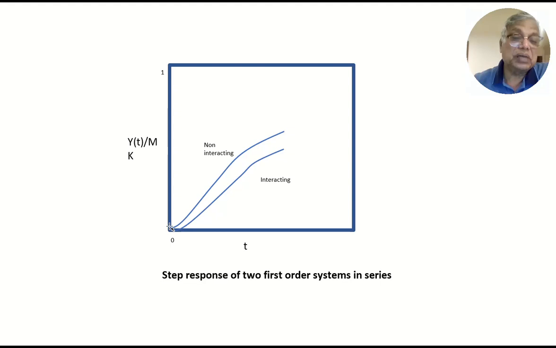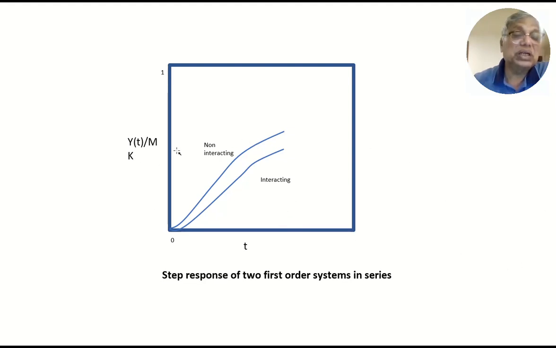On the same graph, if you plot the response had these two tanks been non-interacting, that is the upper curve. I have shown the step response of two first order systems in series, not necessarily tanks, general systems.